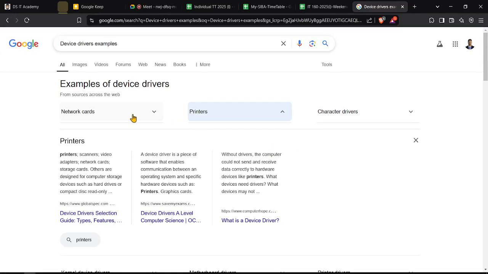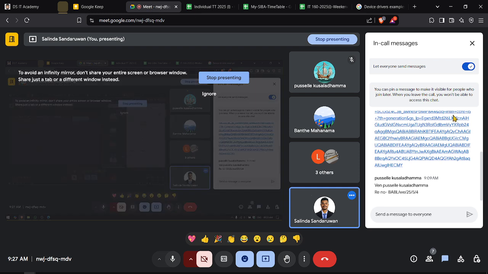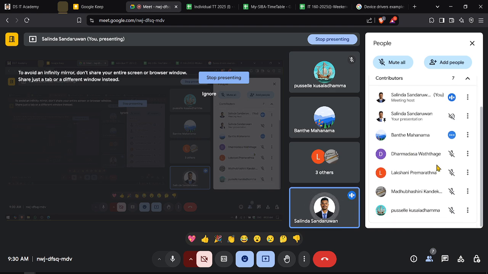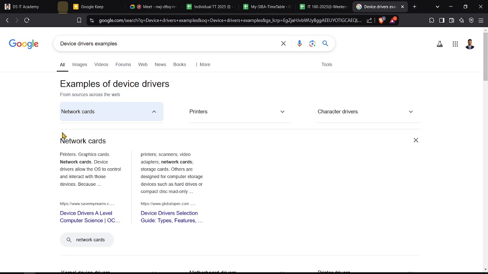And not only that, you have network cards and network drivers. Imagine Miss Lakshani is going to buy a new PC, sorry, she's going to build it.